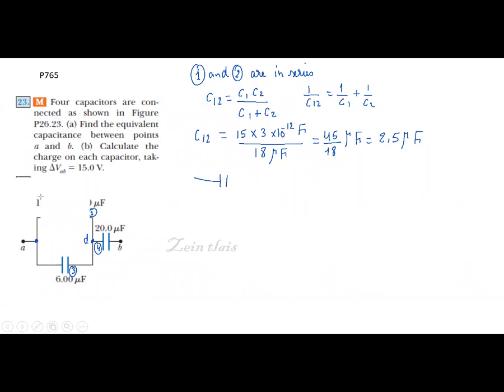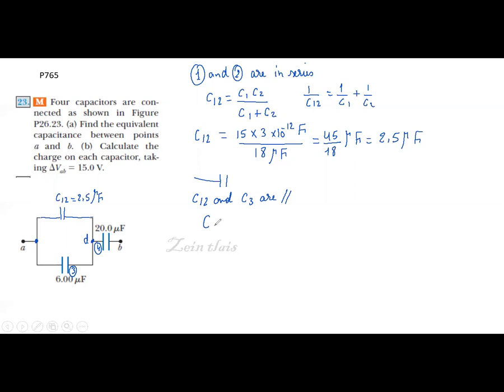Okay, now here we can delete 1 and 2, and we have here one equivalent C12 with 2.5 microfarad. Now between A and D, we have the same voltage for C12 and C3. So as they have the same voltage, C12 and C3 are parallel.